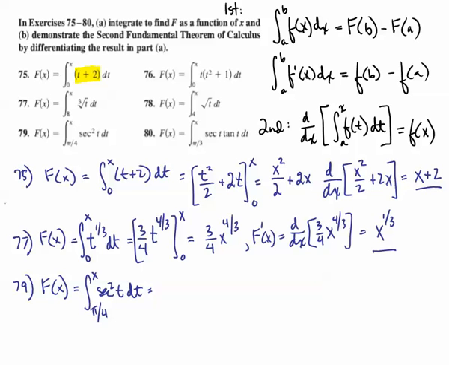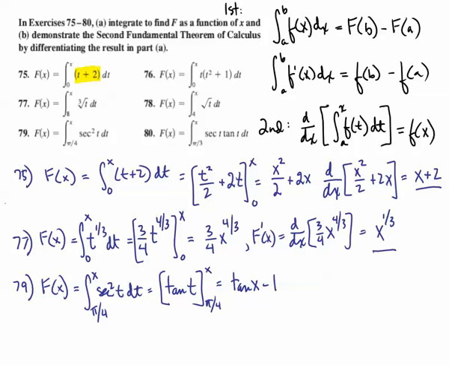We want to find the antiderivative of secant squared, and that's just tangent. Tan t from pi over 4 to x, and we plug in the x and we get tangent of x, then minus tangent of pi over 4, which is 1.